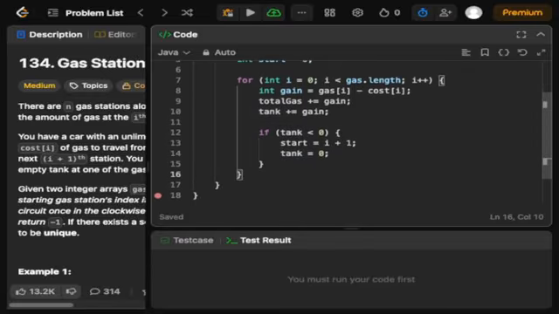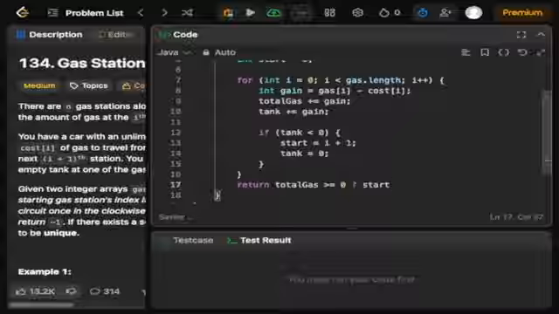So after we've iterated through our entire array, we'll go ahead and return that. And we'll say, is our total gas greater than or equal to 0? If so, we want to return that starting position.